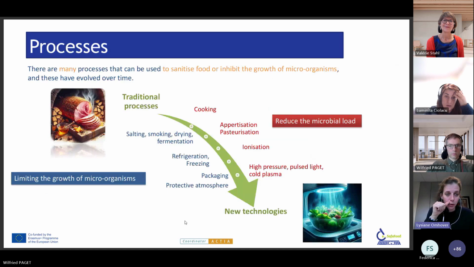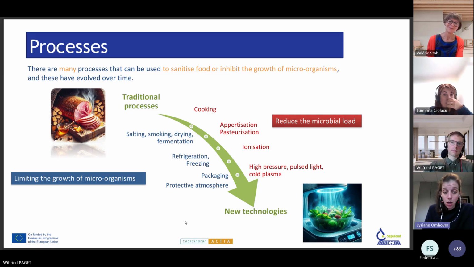The third way to manage microbial growth is to manage the processes. There are many processes that can be used to sanitize foods or inhibit the growth of microorganisms. For example, you have some technical steps that can limit the growth of microorganisms, such as salting, smoking, drying, or fermentation.